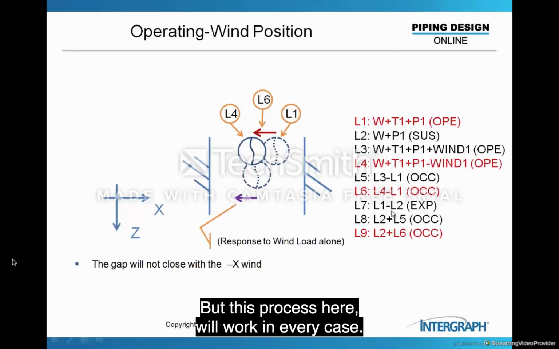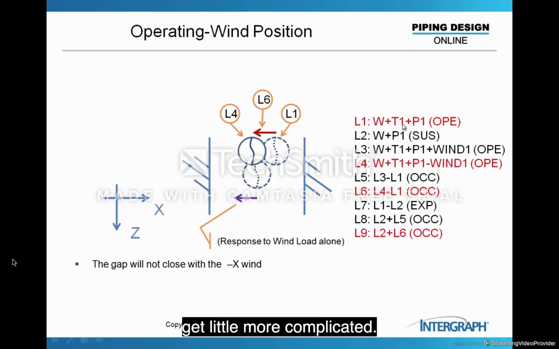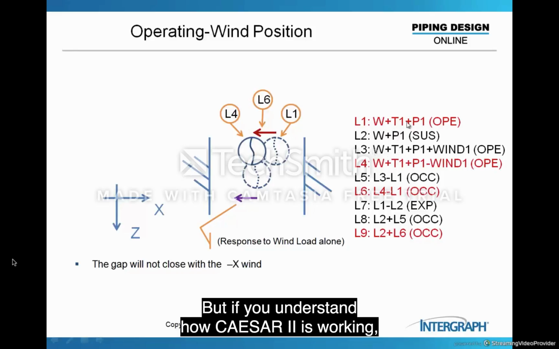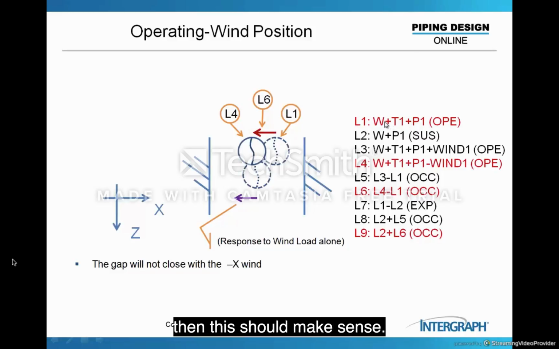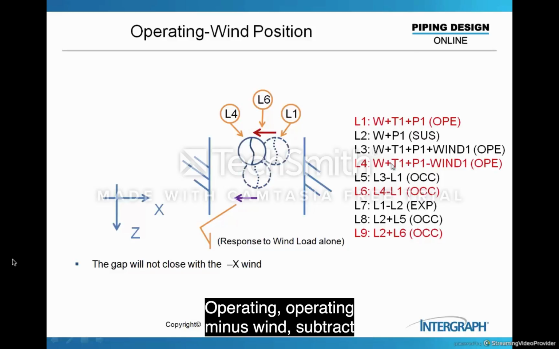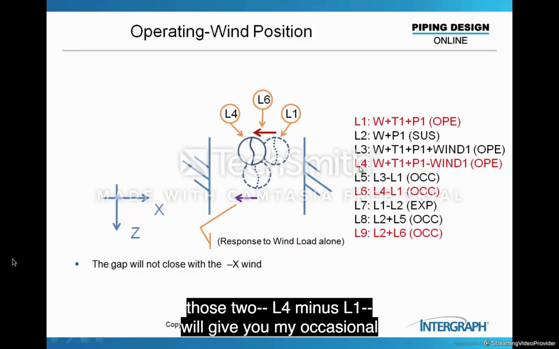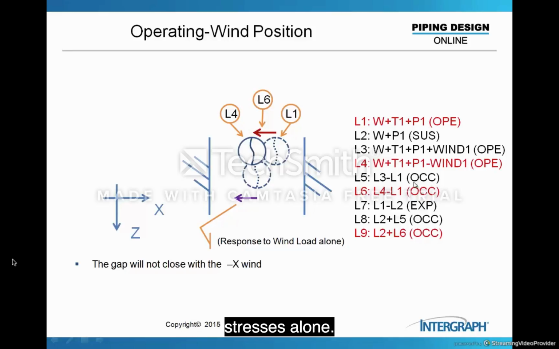But this process here will work in every case. So as you can see here, I will have a rather simple set of load cases get a little more complicated, but if you understand how CAESAR II is working, then this should make sense. Operating minus wind, subtract those two, L4 minus L1 will give me my occasional stresses alone.